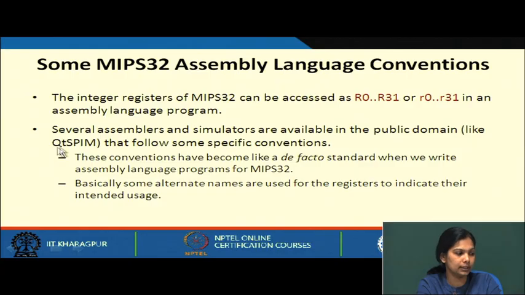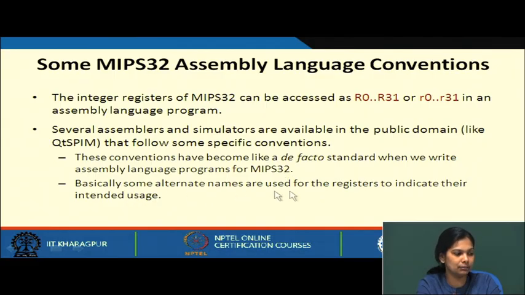One of them is Qt-Spim, where you can write assembly language code and execute it. These conventions have become a de facto standard when we write an assembly language program for MIPS. Qt-Spim is exactly a MIPS 32 simulator that can be used to write assembly language programs.